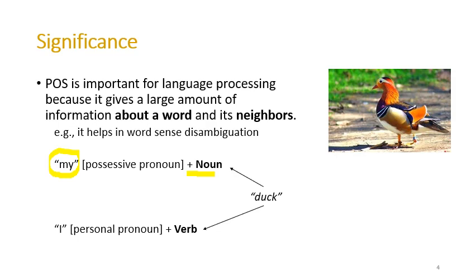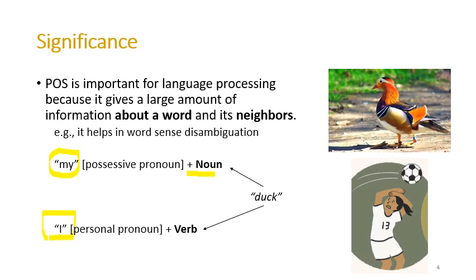But if it follows the word I, then the word duck is not the animal. It is the action of ducking or avoiding, like when there's a football or soccer ball coming at you, and you duck to avoid being hit by that ball.